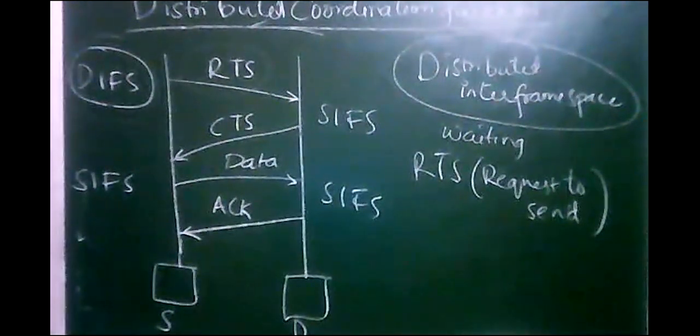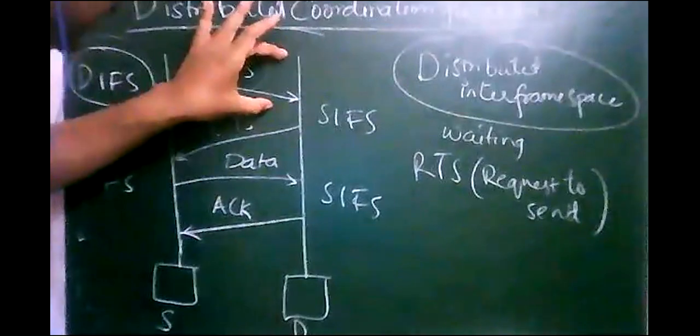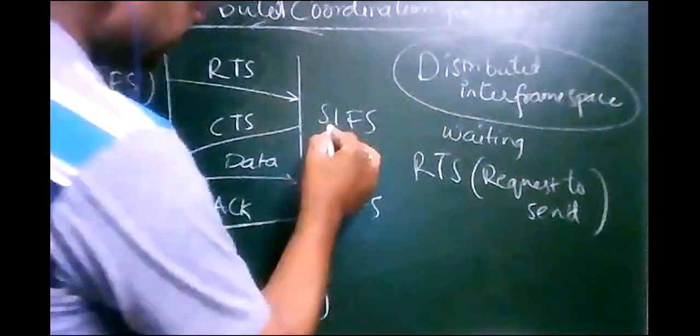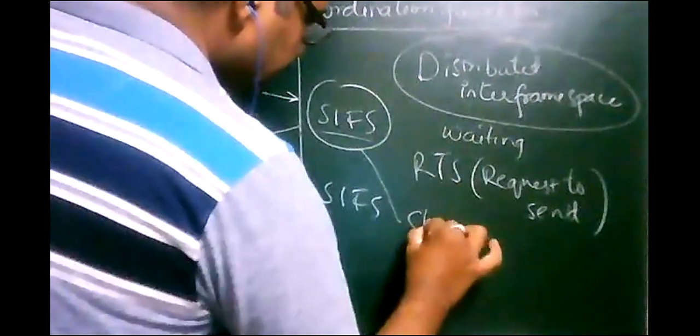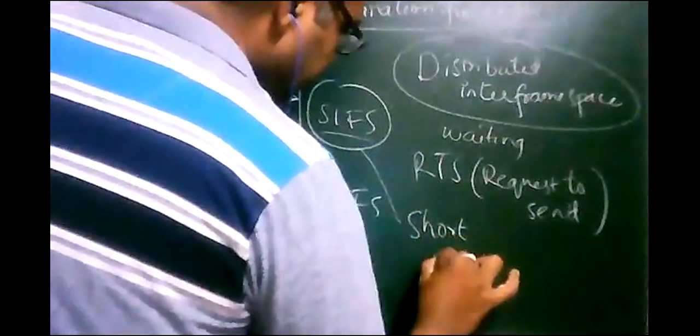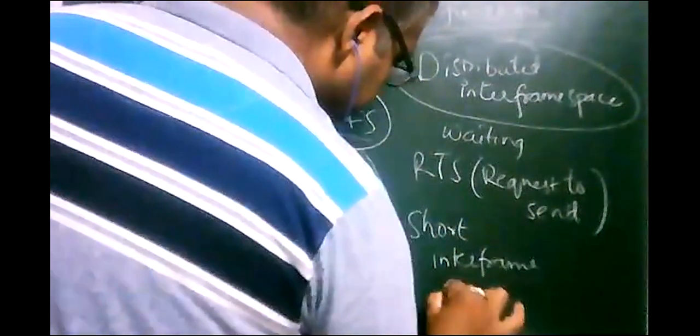Now what happens here is, after receiving the request to send signal, the destination will wait for a period of time called the short interframe space. What is this time? Short interframe space.